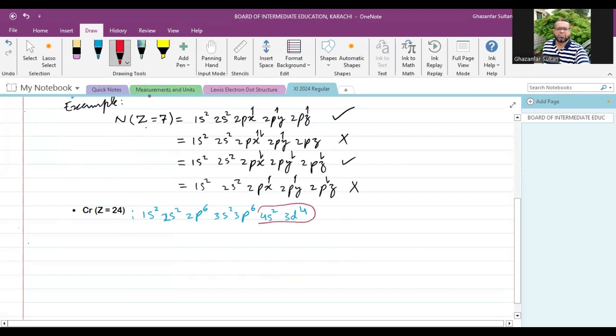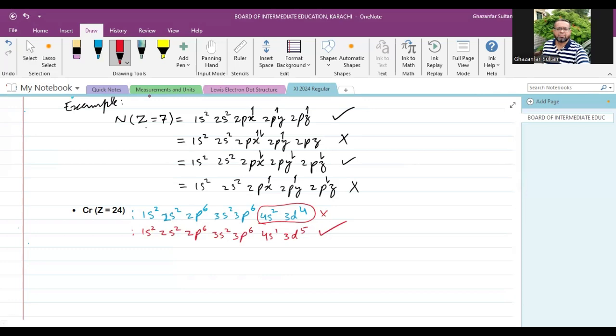This is the case only in chromium and copper. So the correct electron configuration is 1s2, 2s2, 2p6, 3s2, 3p6, and one electron jumps from 4s to 3d. So it becomes 4s1, 3d5. This is the correct one. So in examination, we should write this.